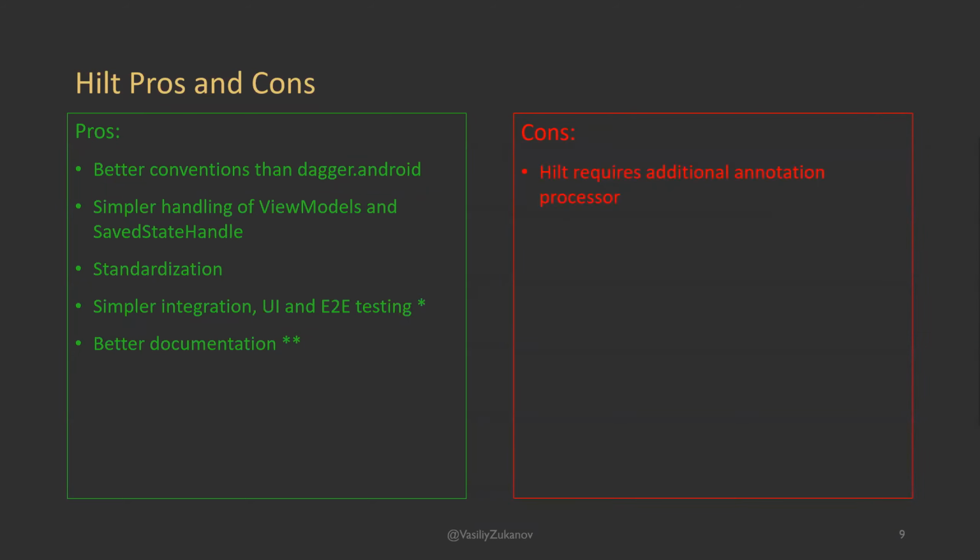The drawbacks of Hilt is that it requires an additional annotation processor out of the box, right? You need an additional annotation processor to use Hilt. And then if you want to use it with view models, you add one additional annotation processor. So you will end up with 3 different annotation processors in your application. And as you know, on bigger Android projects, build times are a problem. And when you use annotation processors, your build times get longer. And it's especially problematic if you use Kotlin.